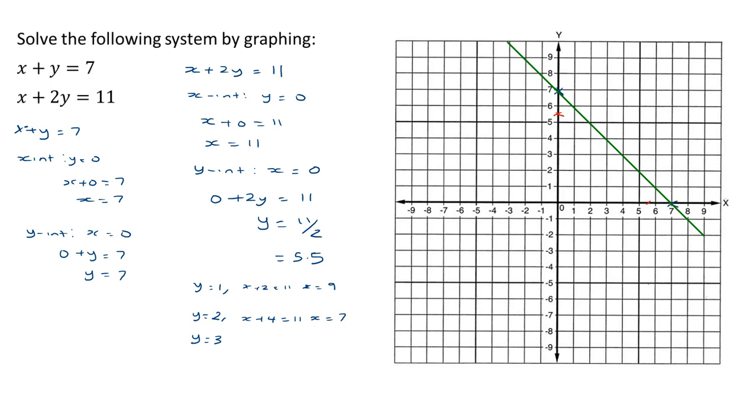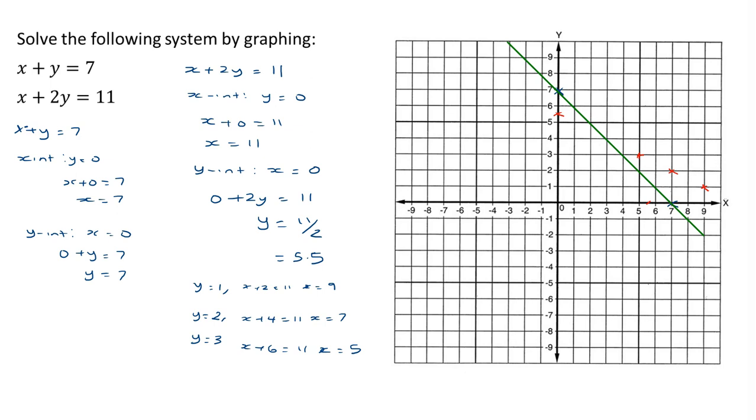Y equal to 3, x plus 6 equal to 11, so x equal to 5. So now we have several points we could use. We have the point x equal to 9, y is 1, so we have that point right there. X equal to 7, y equal to 2, we have that point right there. X equal to 5, y equal to 3, so we have this point right here. So now we're going to draw a line that joins those points together.